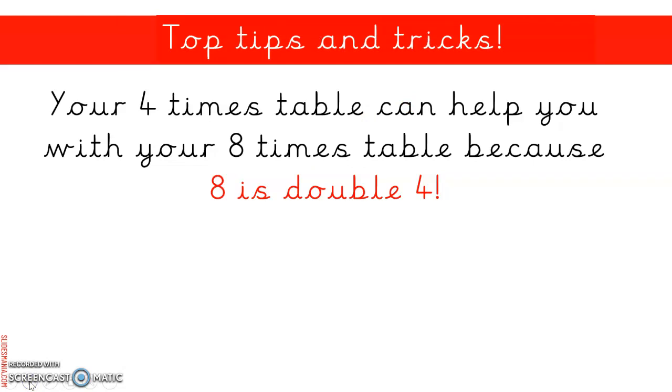Now, the time has come for me to share, shh, don't tell anybody, my top tip and trick for learning your 8s. Now, if you know your 4s, you'll be grand at your 8s because your 4s times tables can help you with your 8s because you know that 8 is double 4.